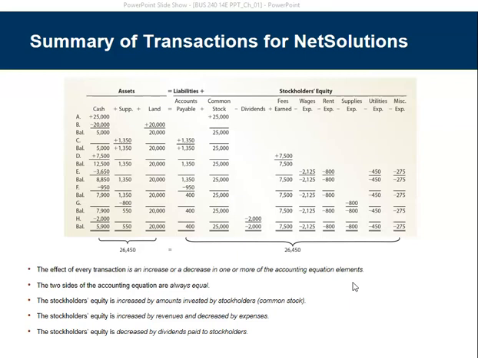If we think back to that second transaction, our assets were unchanged. We had $25,000 in cash, and then we went out and we bought land for $20,000. So depending on how you look at it, the mix of assets did change. And so in that regard, this first bullet point statement is true.